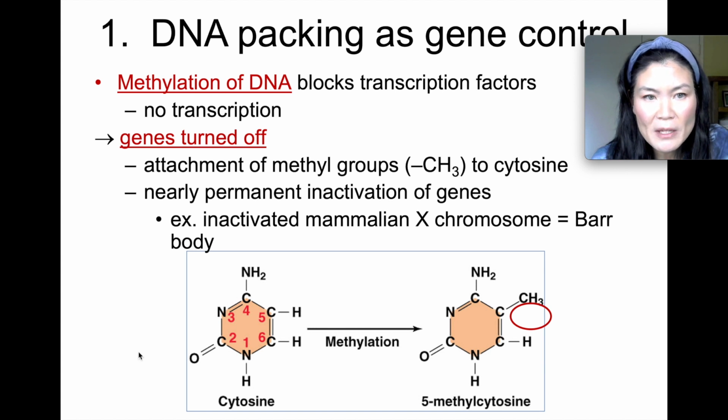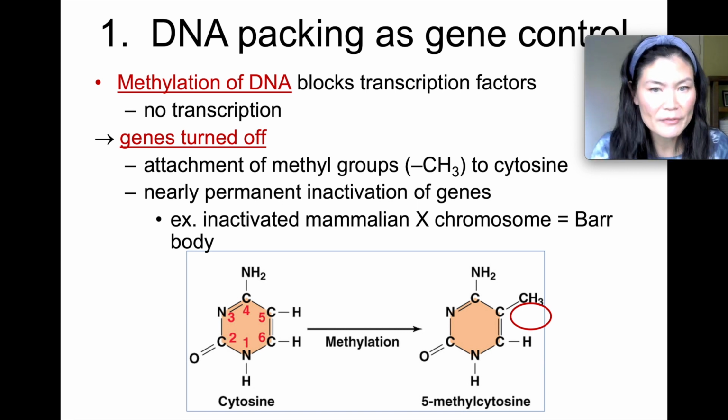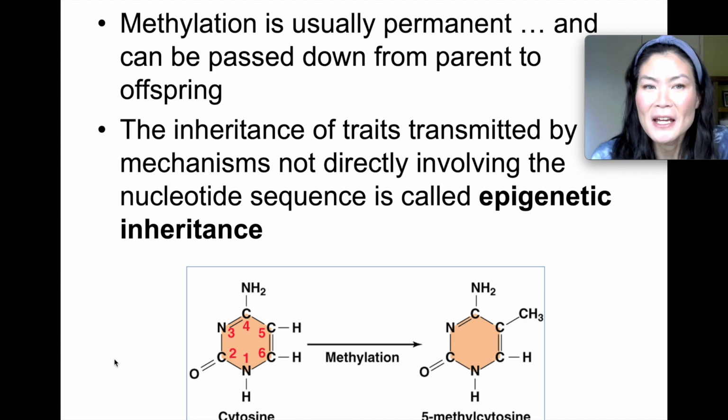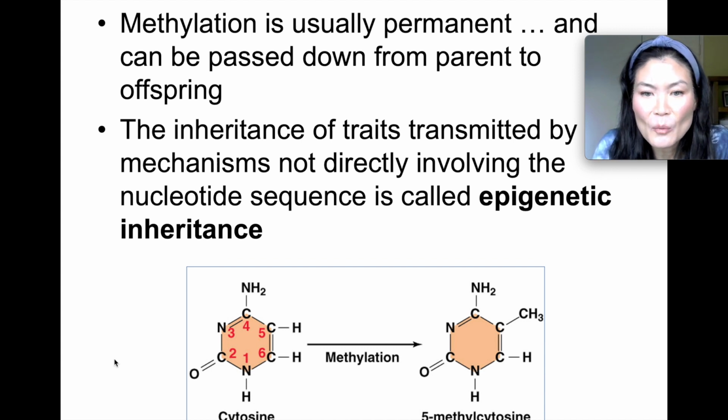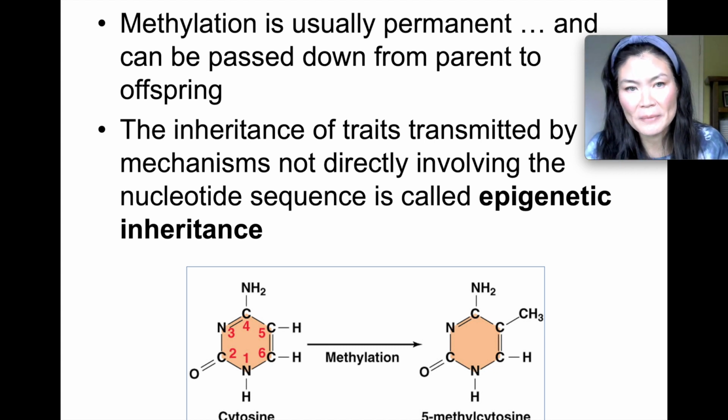Okay, so this is where we left off. We were talking about how methylation is a way that genes can be turned off, okay? And this methylation is usually permanent, as I said. So when the cytosines on the gene are methylated, then usually it will be permanently shut down. And sometimes you can actually inherit these methylations.